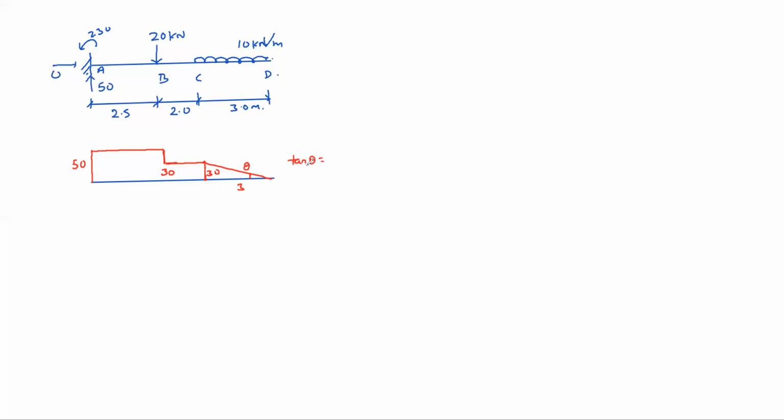Slope is nothing but tan theta, 30 by 3, that is 10. If there is a slope in the shear force diagram, it represents the intensity of loading. So the slope of the SFD anywhere represents the intensity of loading.